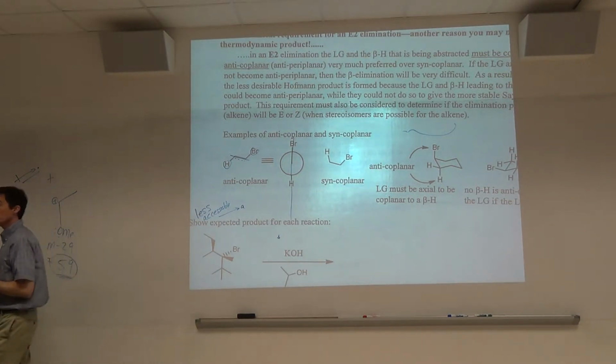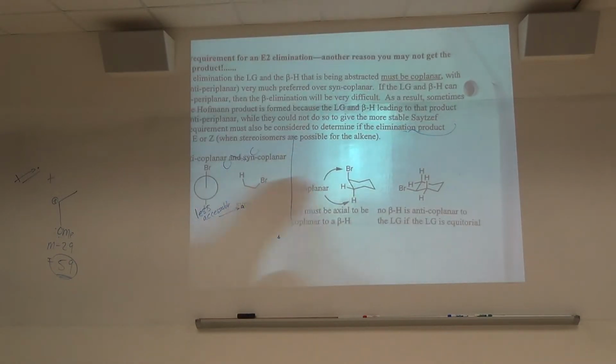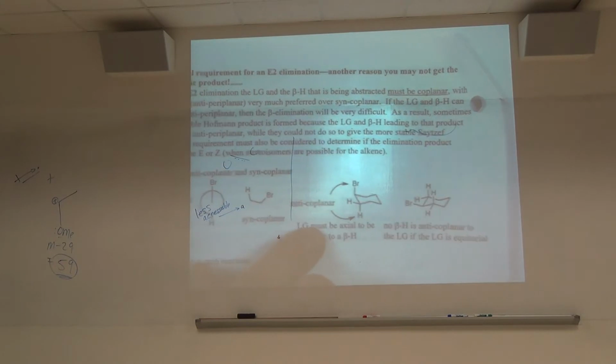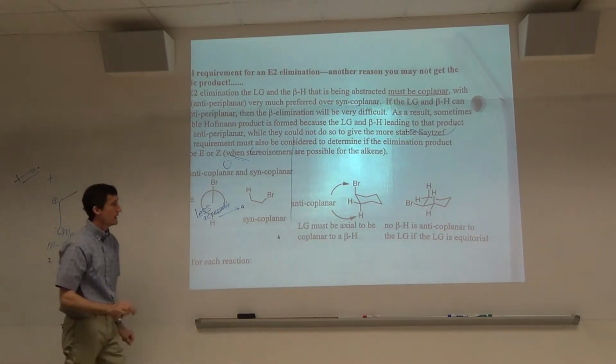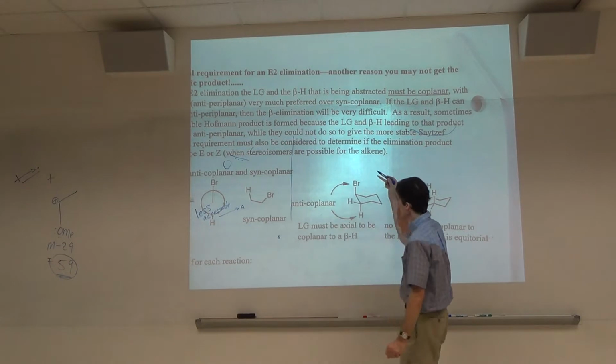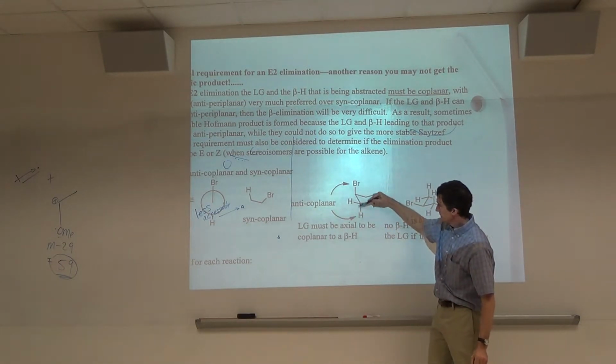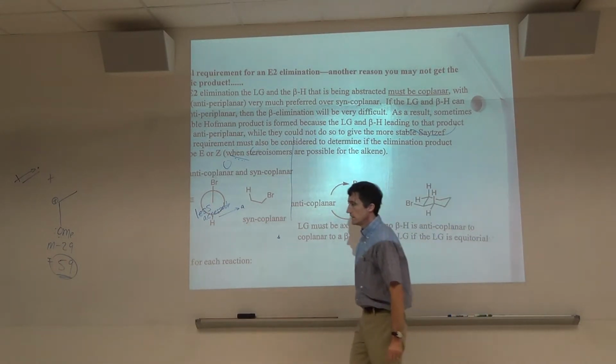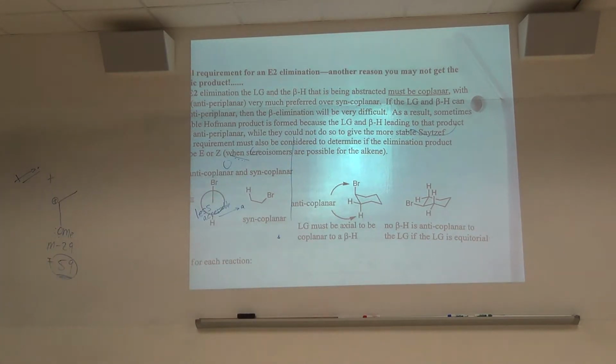Now rings. Let's look at the rings, and then we'll take a short break, and you can look down below while we're taking a short break. And rings, cyclohexane, these are anticoplanar. And one thing about the cyclohexane, for the H and the leaving group to be coplanar, the leaving group has to be axial.